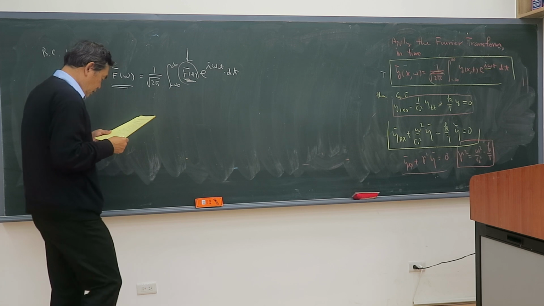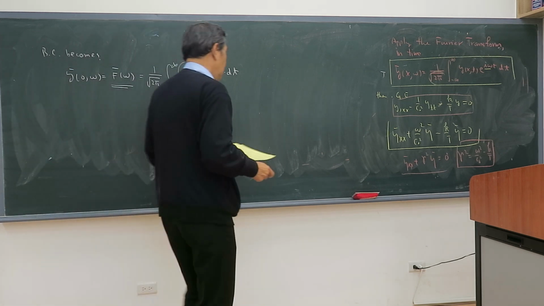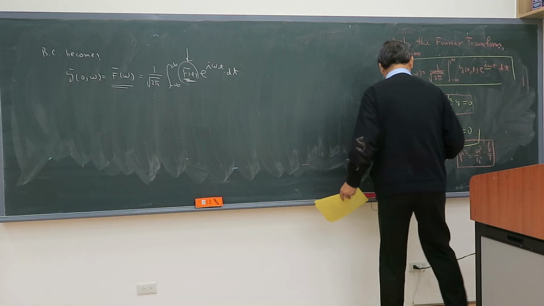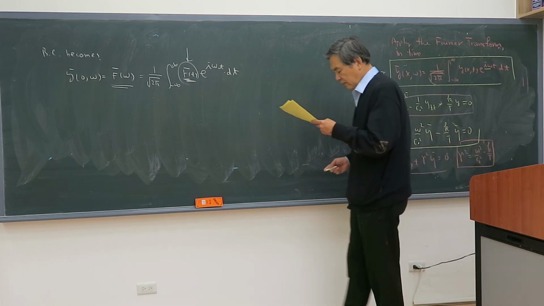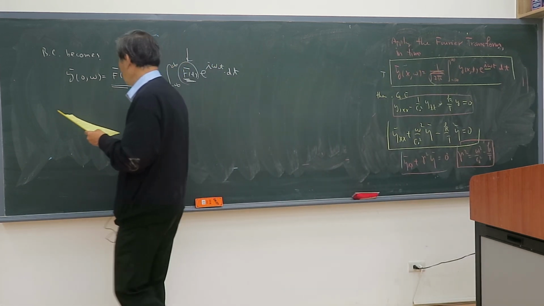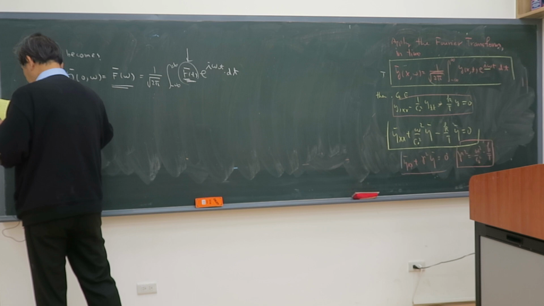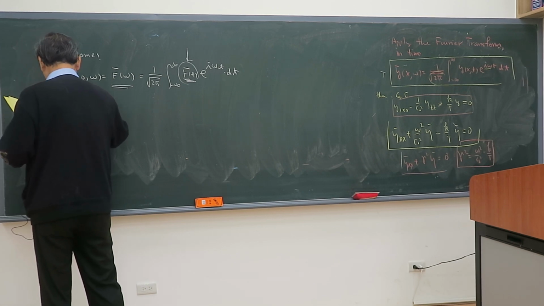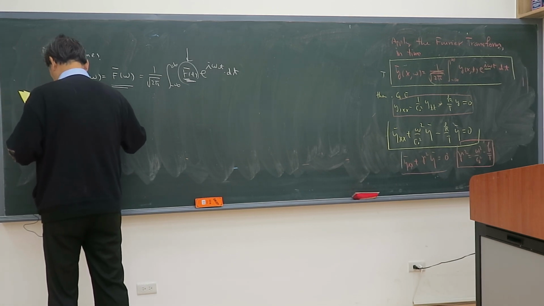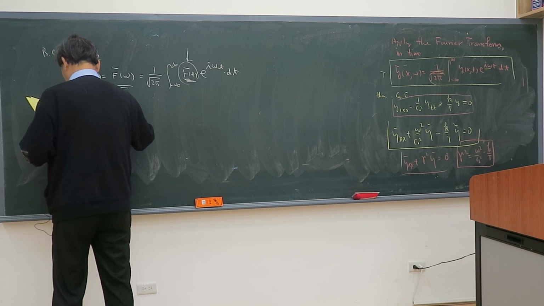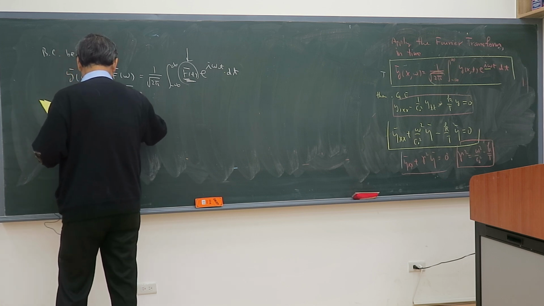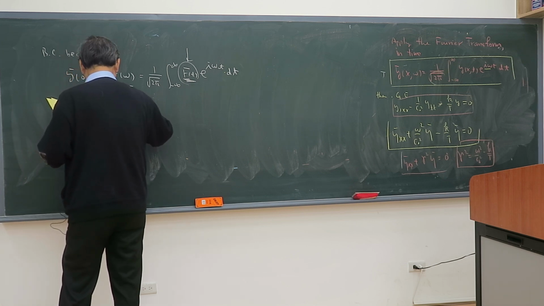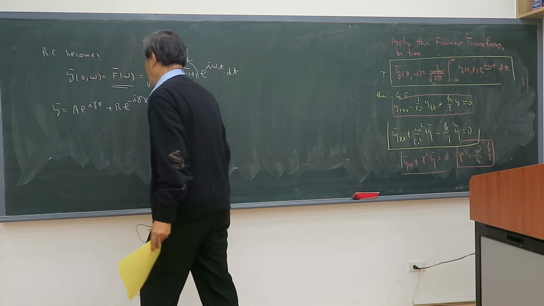Now, the solution of this equation we have: y bar equal to A e^(i gamma x) plus B e^(minus i gamma x). All right?